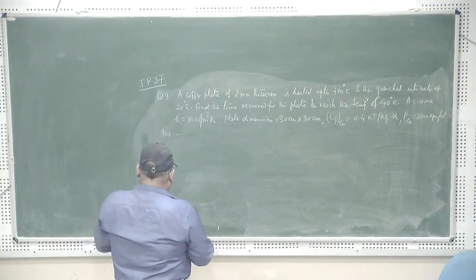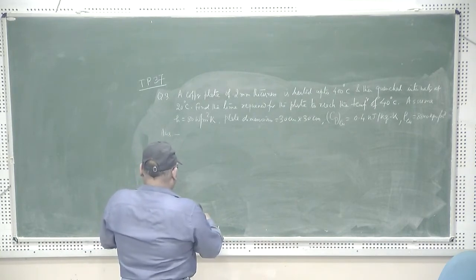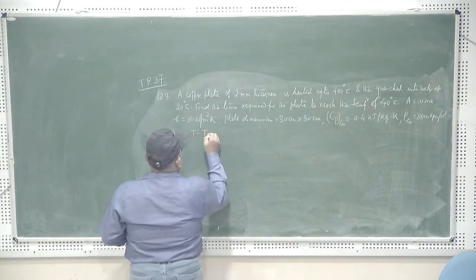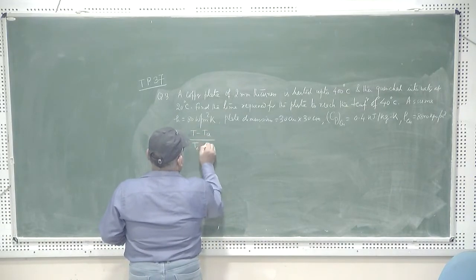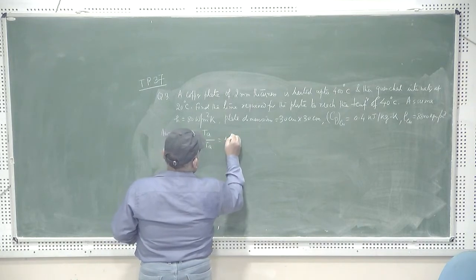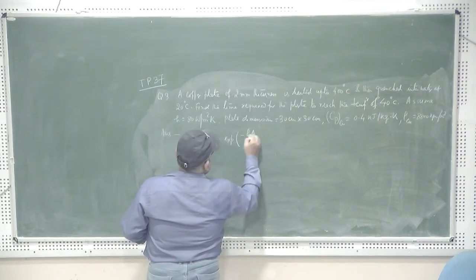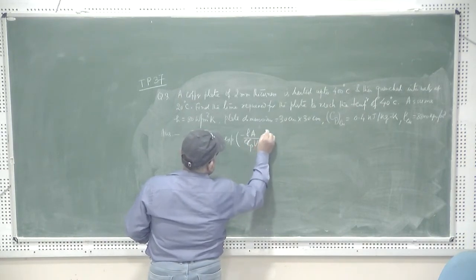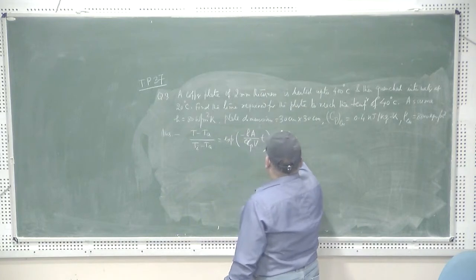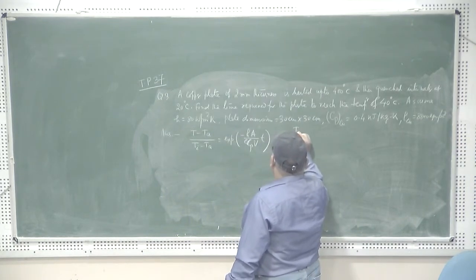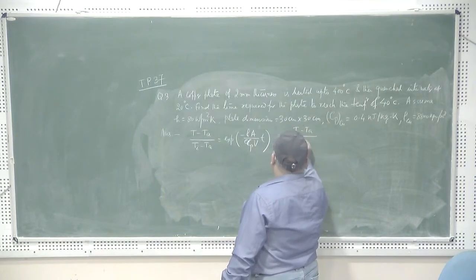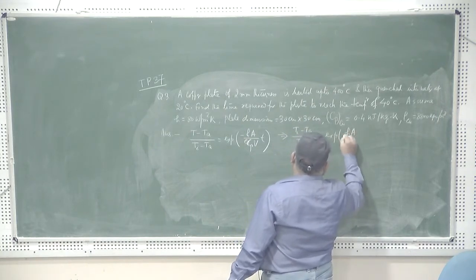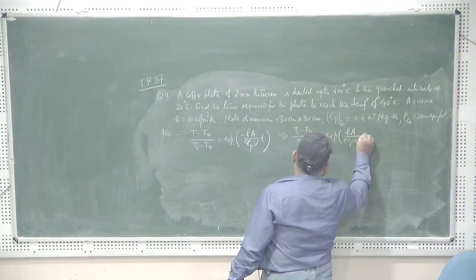So, using this lumped heat capacity analysis, T minus Ta divided by Ti minus Ta is equal to exponential minus hA divided by rho Cp V into t. Or, in order to make it positive, Ti minus Ta divided by T minus Ta is equal to exponential hA divided by rho Cp V into t.